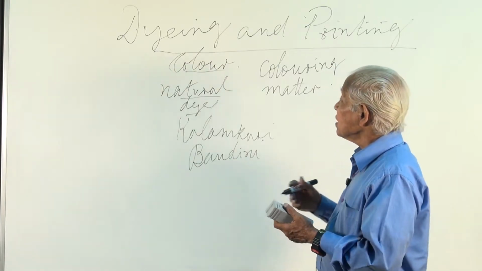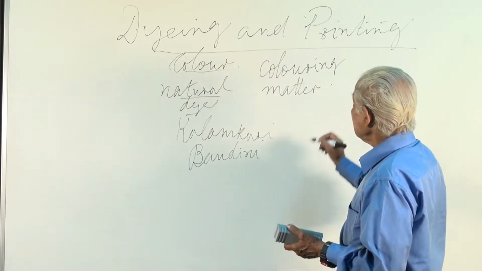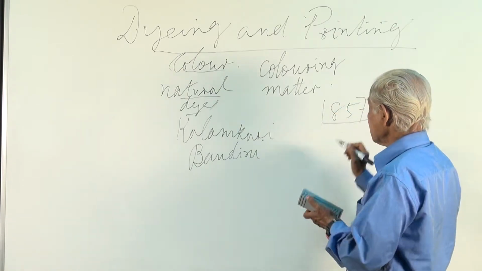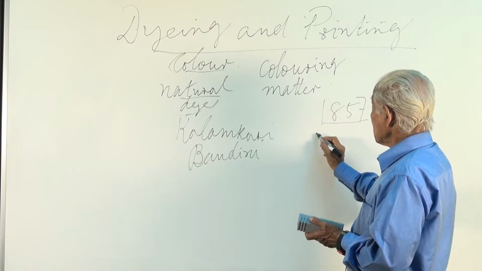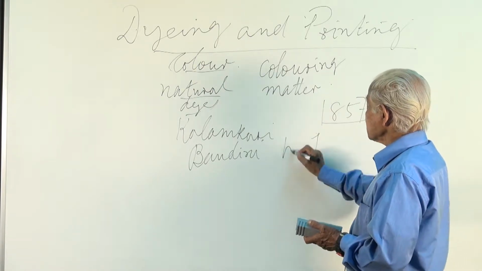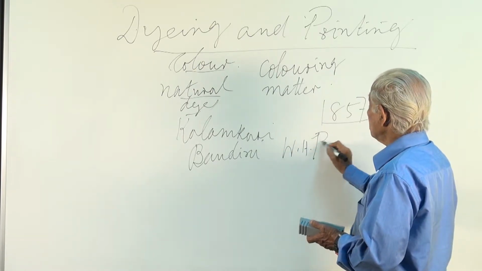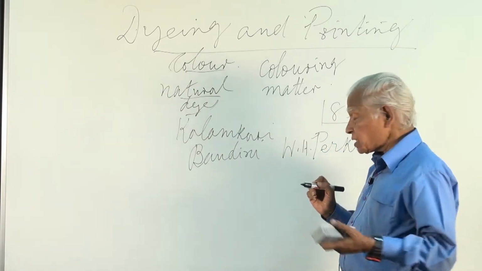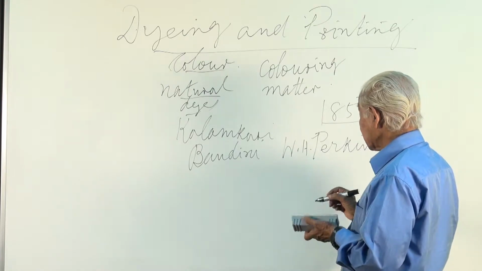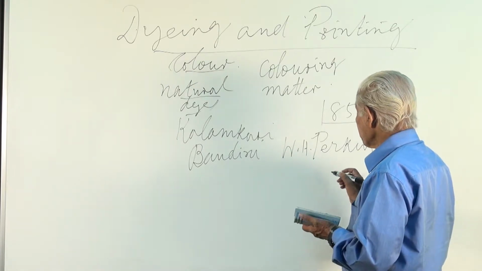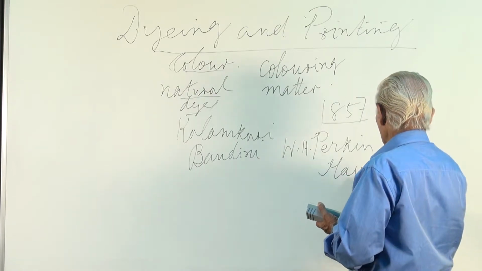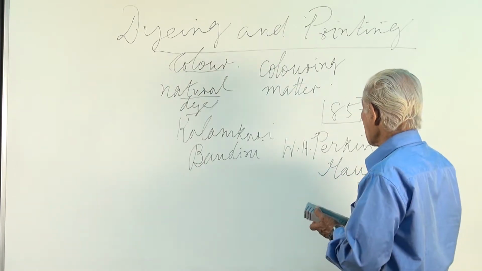And somewhere in the year 1857 or so, one scientist came out with synthetic dye. His name is W.H. Perkin. Accidentally he discovered a dye which had this coloring matter, and it was called mauve, which is a coloring matter.